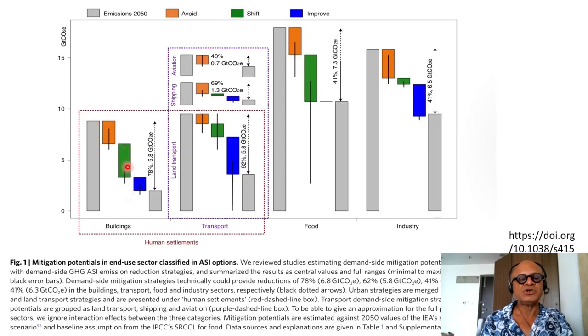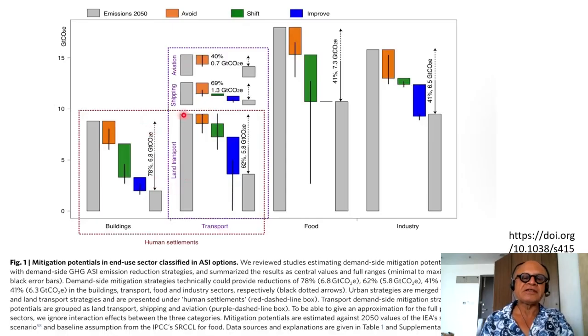Shift has a much larger chunk, and the improve part has a bit of contribution, and this is a total contribution of 78% or 6.8 gigaton CO2 equivalent in the building sector from the ASI approach.